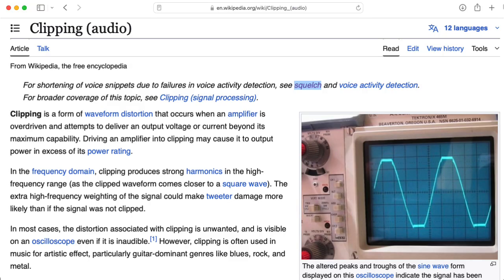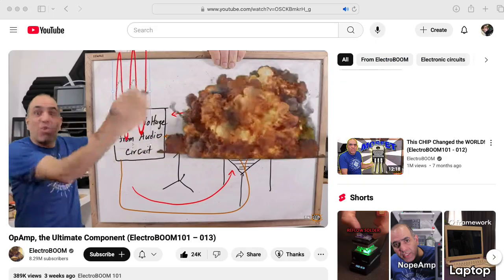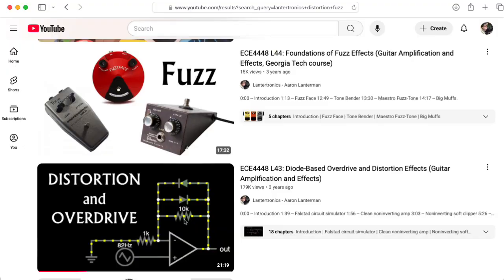If you put too much voltage into it, you'll eventually clip the op amps inside the pedal and you'll get nonlinear behavior. And if you put much too much voltage into it, you'll actually blow up the pedal. So when we say linear about practical systems, we're usually referring to within a reasonable range of operation. Now, there are systems like distortion pedals that are designed to be nonlinear.